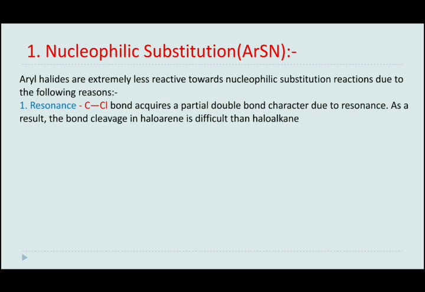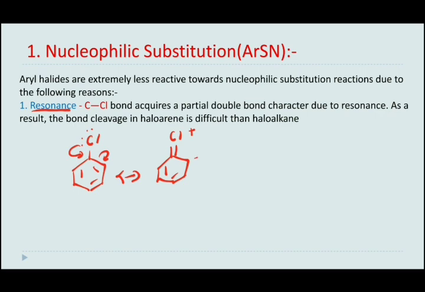The first factor for the lower reactivity is resonance. Now, how does it decrease the reactivity of haloarenes? Suppose this is chlorobenzene. Due to the presence of these lone pairs, it shows resonance, and we get resonating structures like this one. Then again this resonance proceeds and we get this structure.